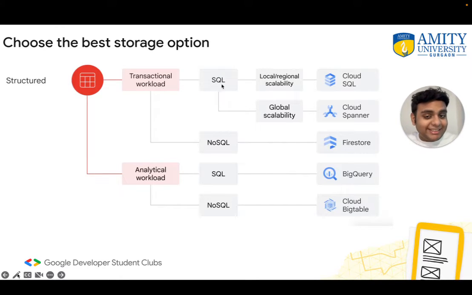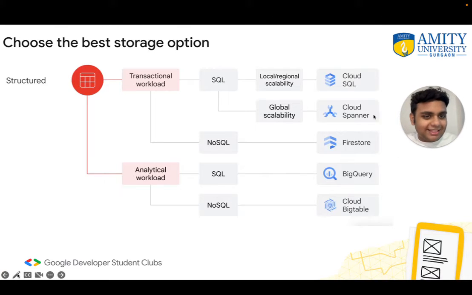SQL as in structured query language, the structured data, which means it is stored in tables, and then it is again divided into two things, that is local or regional scalability, or global scalability. That means your users are in a local area or a particular region, like in Europe, or if the customer base has expanded globally, you don't really know, you have a really scattered database of customers.